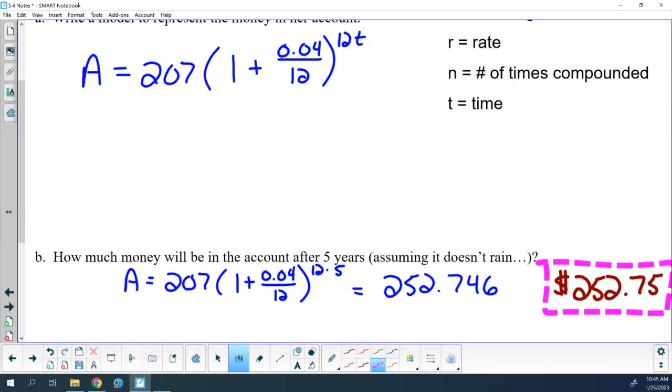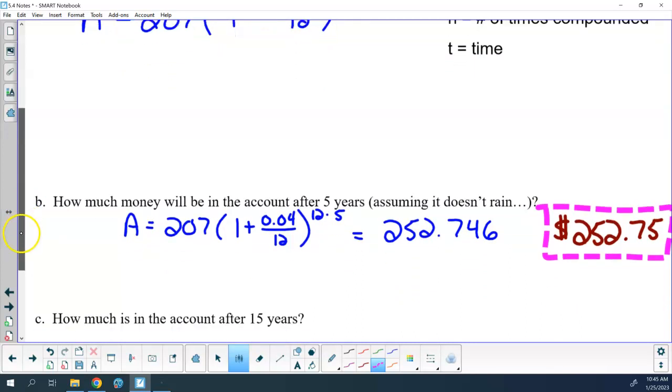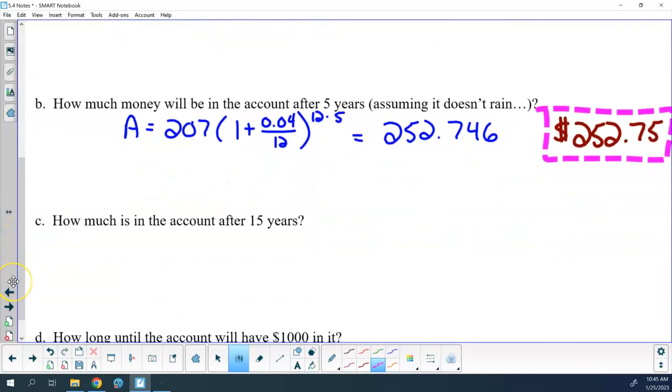They just drop the cents, we'll round up. We're not a bank. Okay. 15 years, same one, except change the 5 to 15.